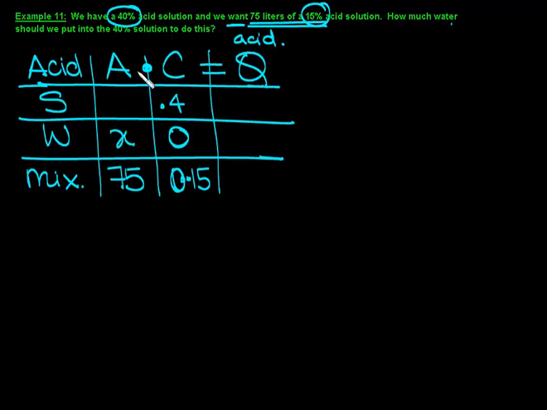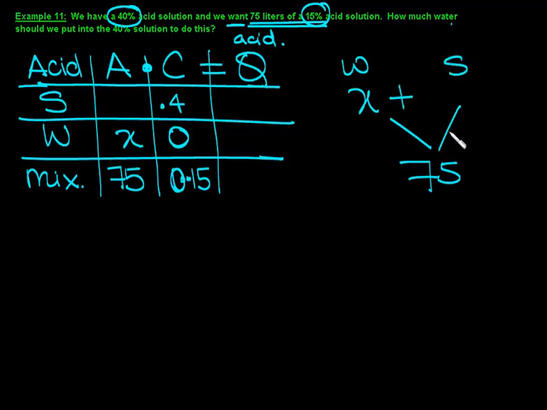So I'm going to start with some solution, add X liters of water and end up with 75 liters. How much did I start with? Think about it. I want to eventually end up with 75 liters. I'm going to take X liters of water, so how much of the solution do I have to add?